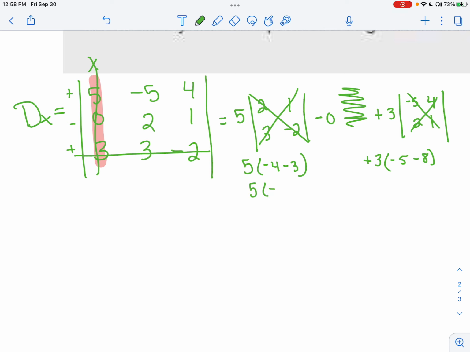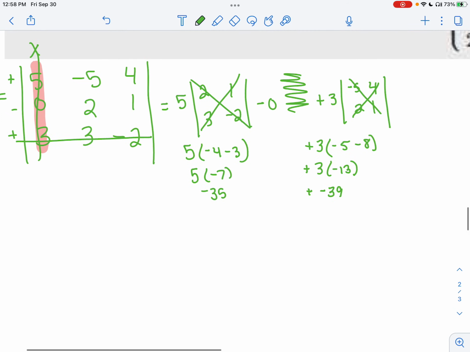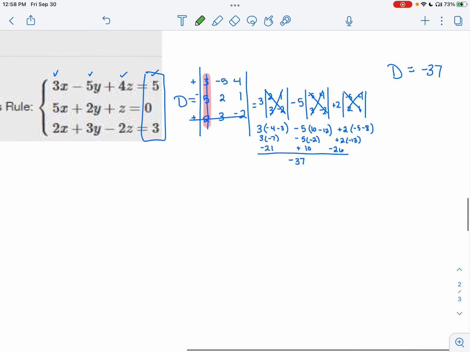That's 5 times -7, plus 3 times -13, -35, plus -39. Well, that's large. Let's see, it's going to be -74. I'm just going to check that I did this right. That is correct. Good. So I'm going to take dx, I'm going to put it over here at -74.